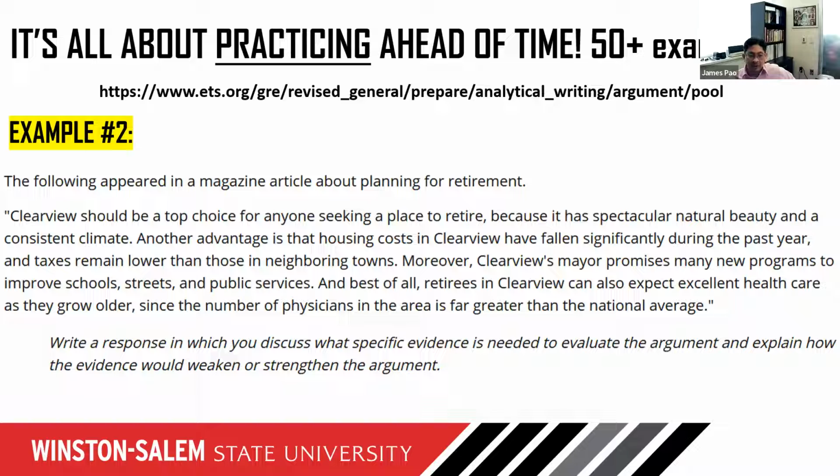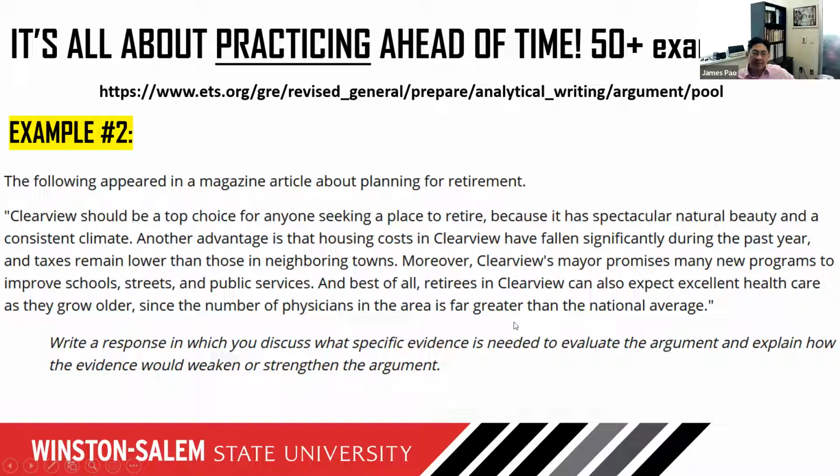So why don't you tell me what you think? What evidence do we need to be able to evaluate whether this is really a good argument or not? Let me see. Some evidence like in the paragraph.